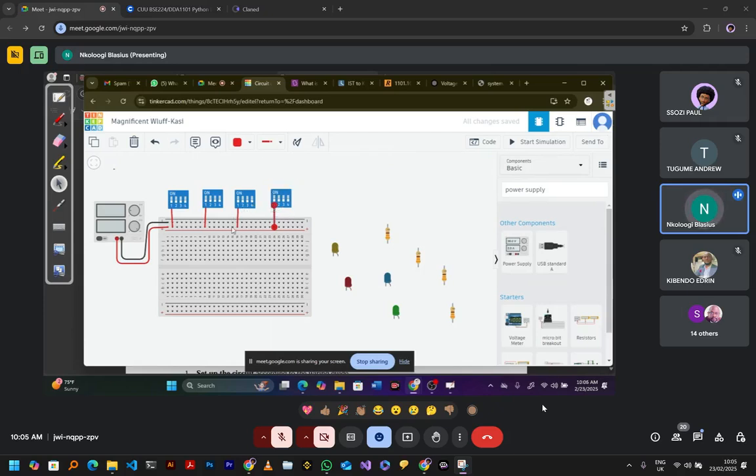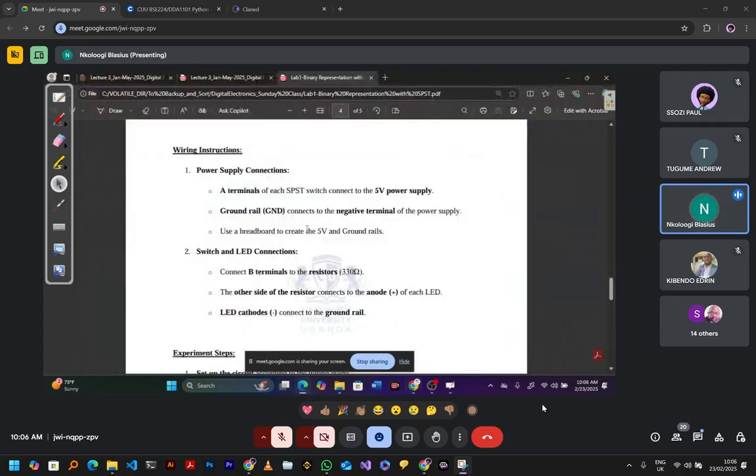But I'm using one side. And then secondly, ground connects to the power. I mean ground rail. This is already on the breadboard. Then switches connect the B terminals to the resistors.